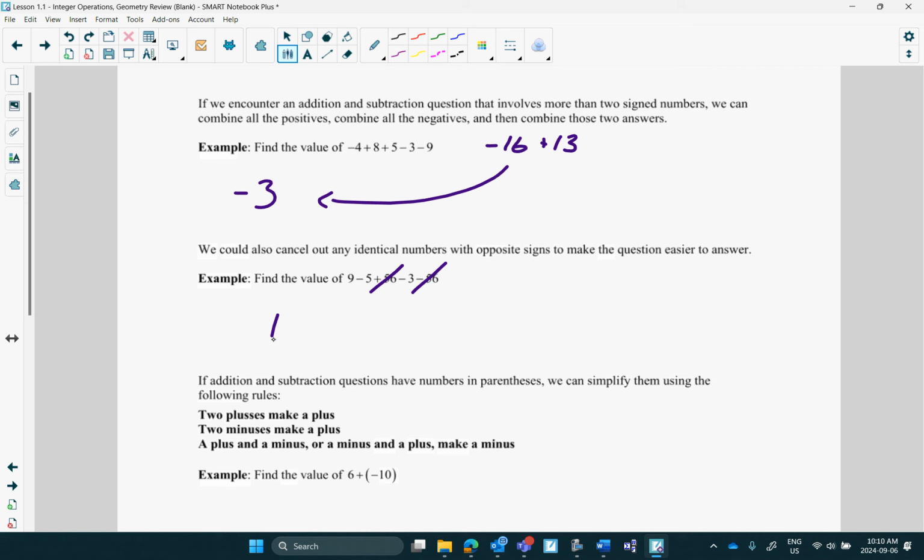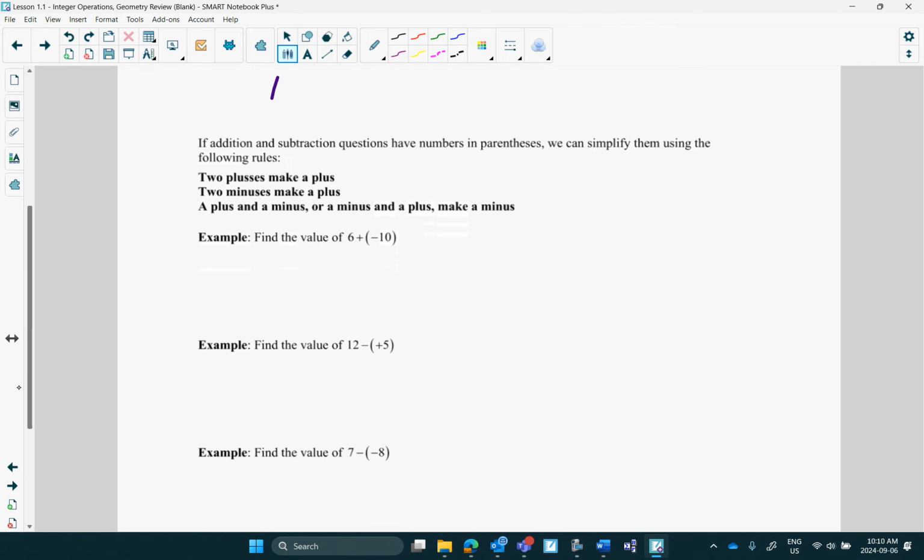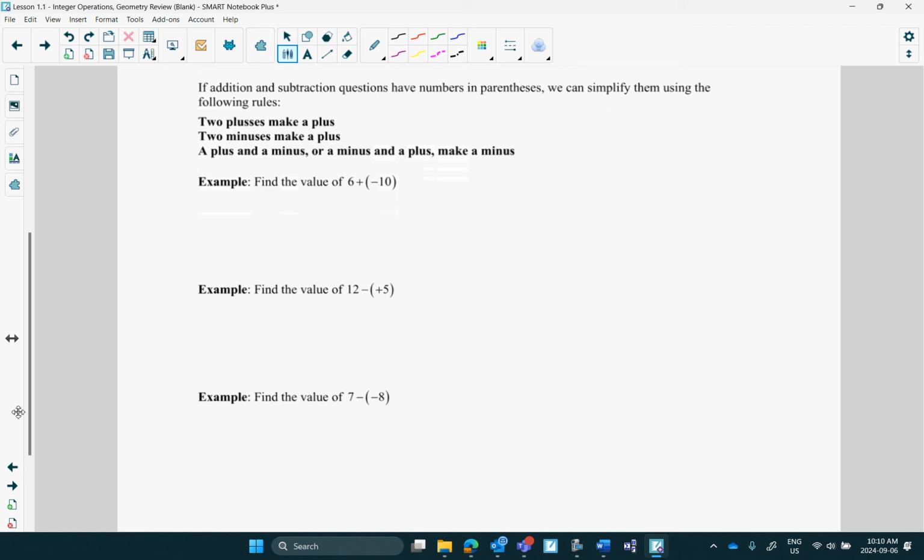All right, what if we have double signs? There are certain rules that apply when we have double signs, and it's the same rules as when we multiply and divide positives and negatives. Whenever you add a negative, that's the same as subtracting.